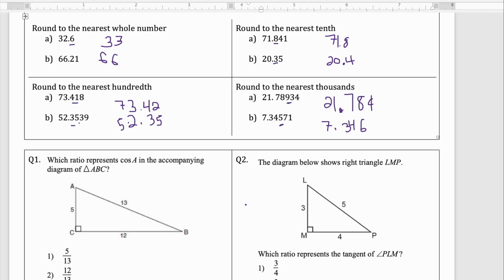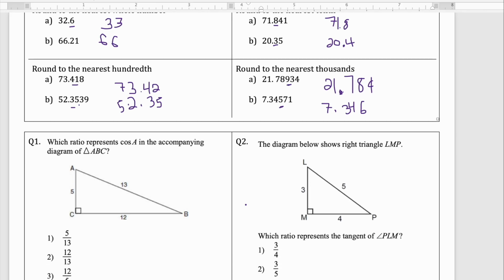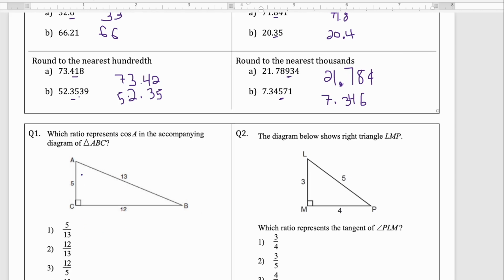So let's look at some of these questions. Which ratio represents cosine of A in the accompanying diagram, triangle ABC? So this is A, and cosine, right? We have hypotenuse, we have adjacent, and we have opposite.